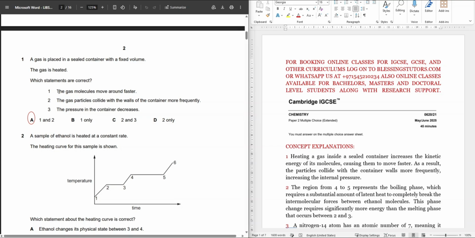So statement 1, the gas molecules move around faster, and the gas particles collide with the walls of the container more frequently. Now, in the case of a gas in a sealed container with a fixed volume, our explanation is that heating a gas inside a sealed container increases the kinetic energy of the molecules, which causes them to move faster.